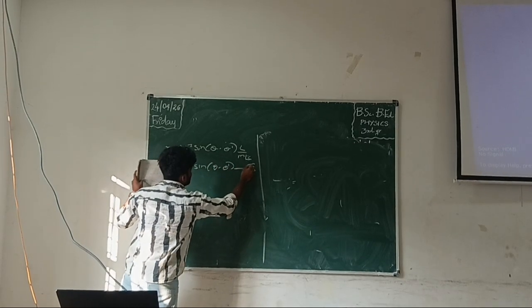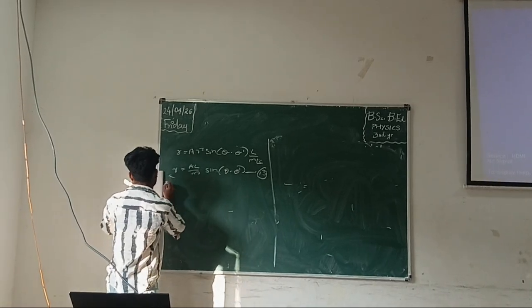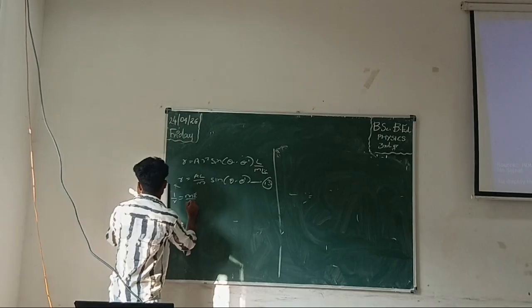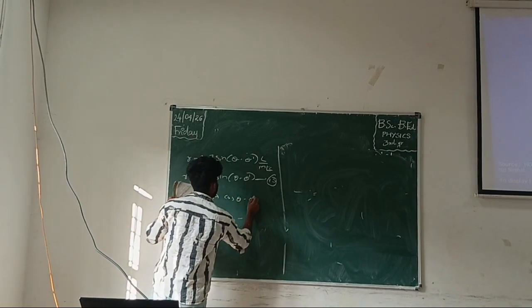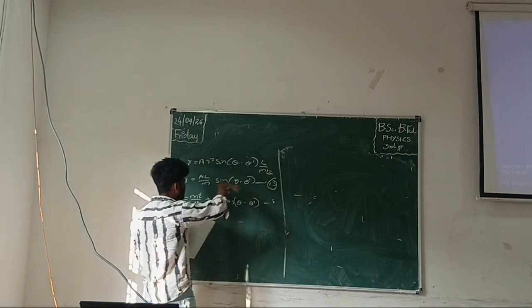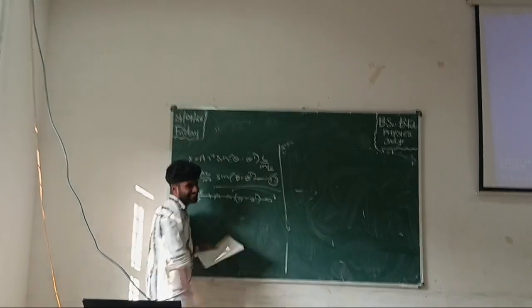It's the 13th equation of ours. From this, what we understood is 1 by r is equal to mk by l square plus a cos(theta minus theta dash), the 9th equation we studied. So we are going to compare and invert this. Okay. So this is the 13th equation.